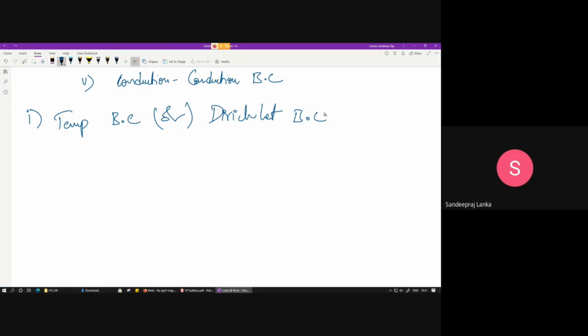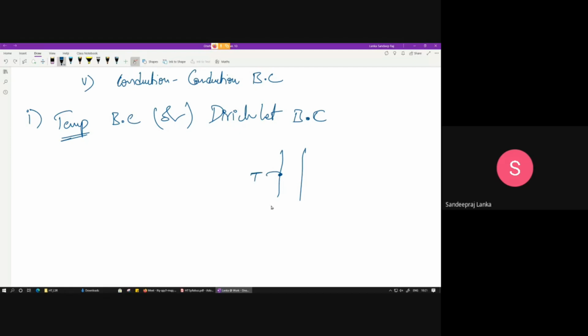In any given boundary condition, you will get so and so parameter. In this case, it is temperature. Let us consider a case here. It can be a simple wall case. It can be a cylinder case. Anything. If it is giving you the temperature at the boundary, that will be the temperature boundary condition.